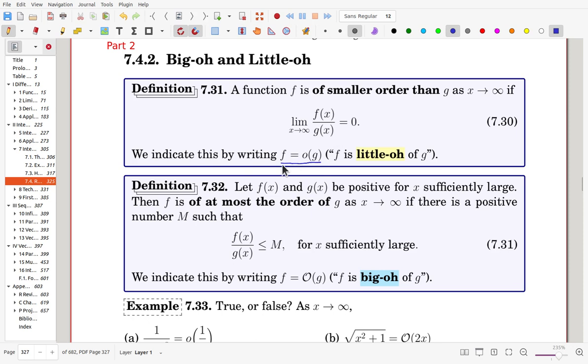That means that f is growing slower than g, so f has smaller order than g.